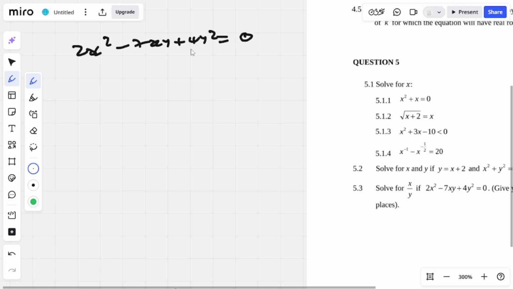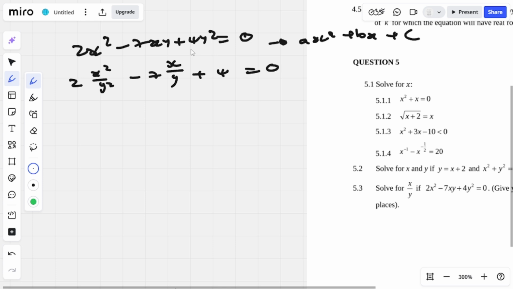Why? Because I want to have the standard equation of ax squared plus bx plus c, right? I'm going to divide everything by y squared, of which it's going to be 2x squared over y squared minus 7x over y plus 4, which is equal to 0. Now this is what we know.